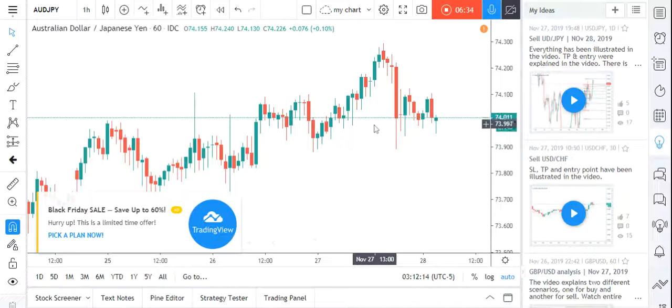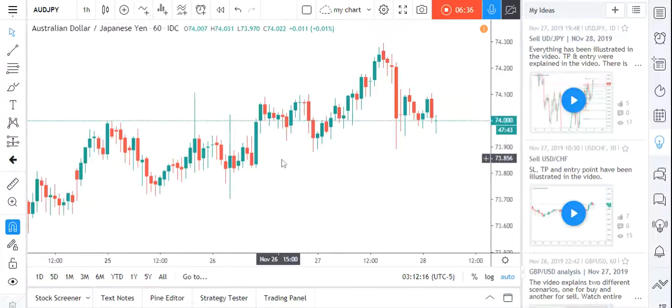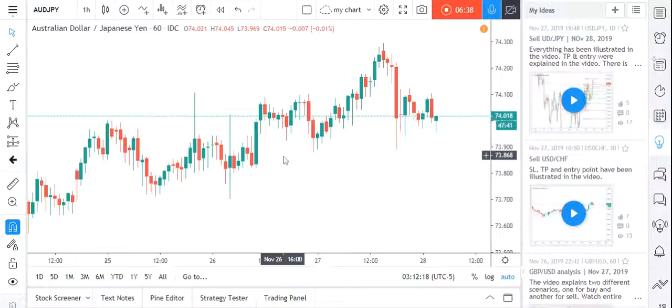And what I'm targeting in AUD JPY is also very small. I'm not targeting any big move because the market is very unpredictable these days. All the drama is going on in the US-China trade deal, and this pair is very sensitive to the US-China trade deal because AUD is a proxy currency, and the Japanese yen is inversely proportional to global tension like the US-China trade deal.